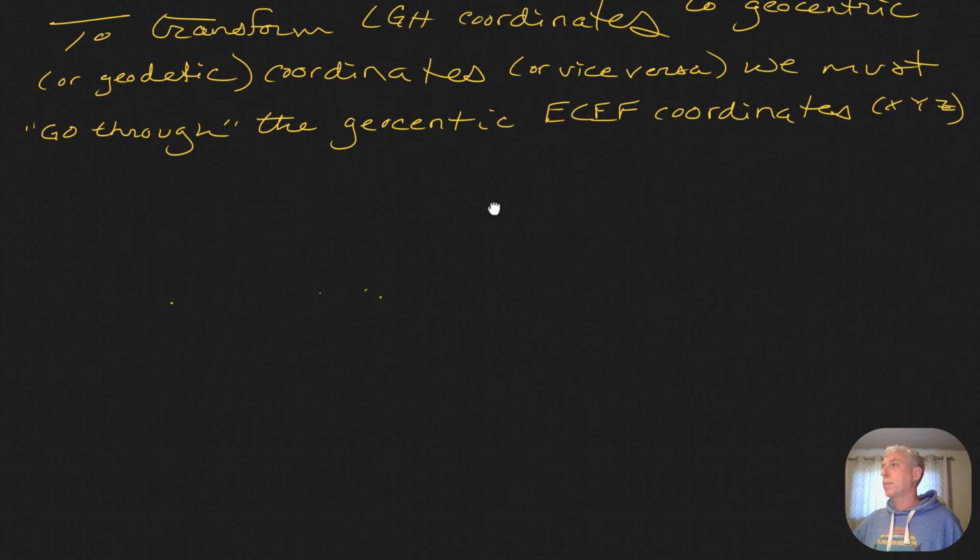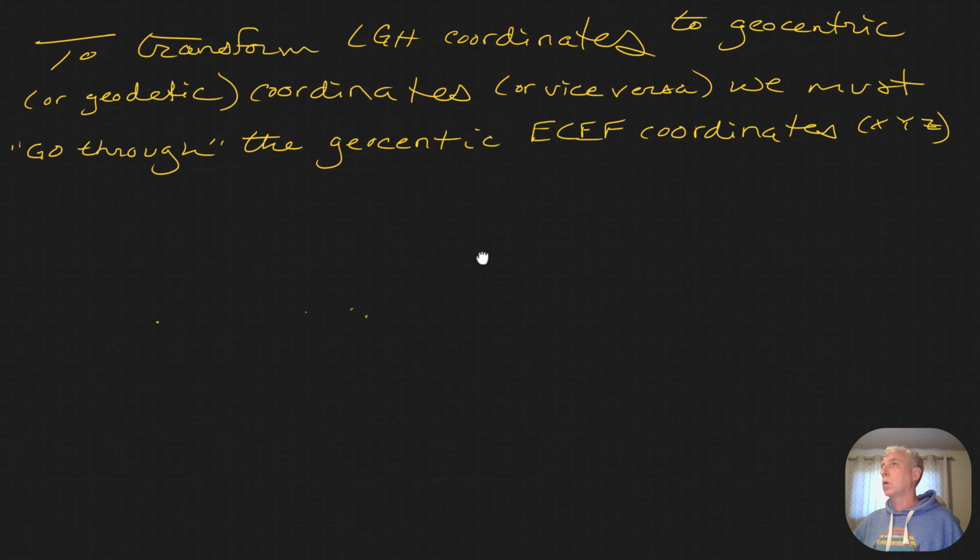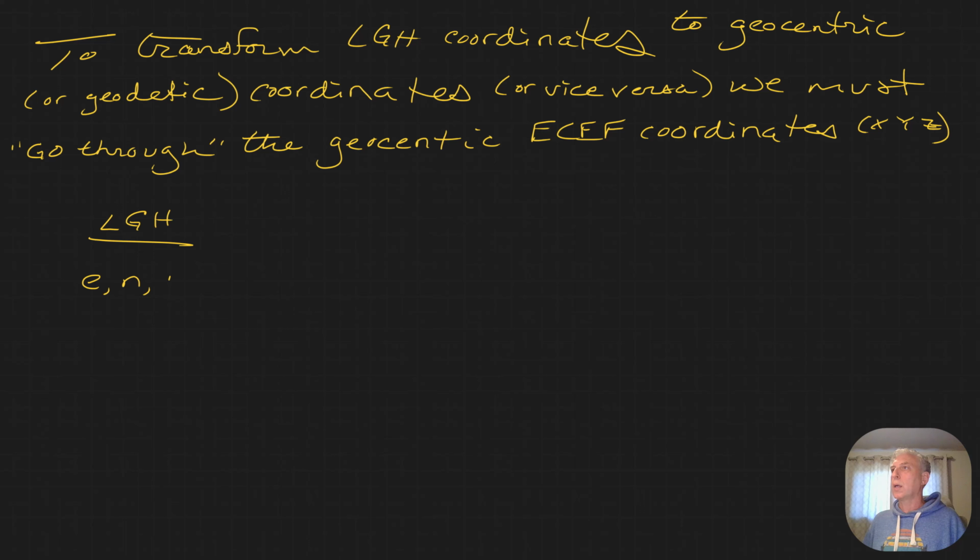And let me scoot this up a bit. Let me do this a little differently just to get us used to the verbiage. Let's say we have LGH, which are easting, our northing, and our up.